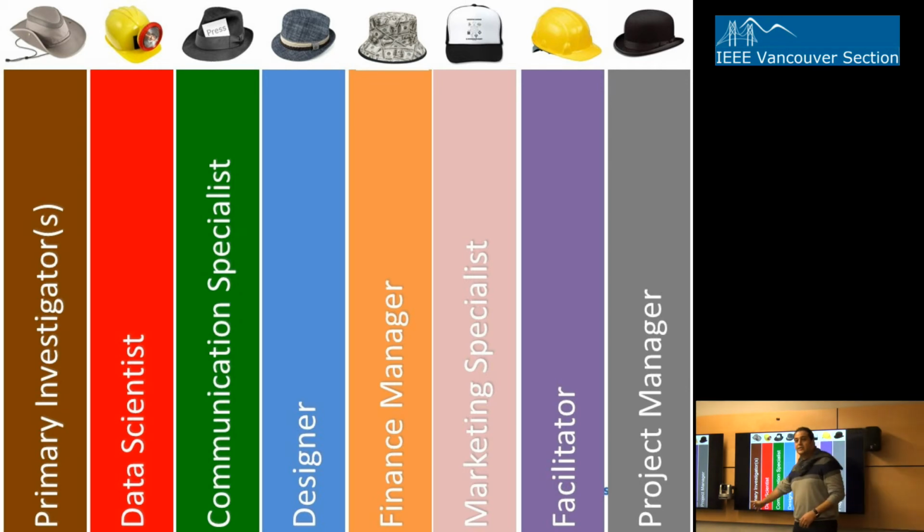The primary investigator, and the data scientist, the machine learning person or statistician, and then you have a communication specialist who's going to disseminate the results locally in the hospital, for example, or at UBC or SFU, and you have the graphic designer who's going to design the work for you, and the finance manager is going to make sure it's running within the budget, and if it is something related to money, they also have to look at your figures and make sure that it is correct.